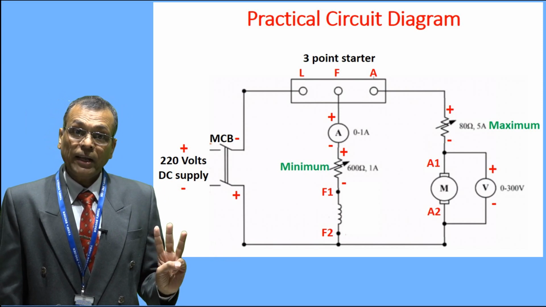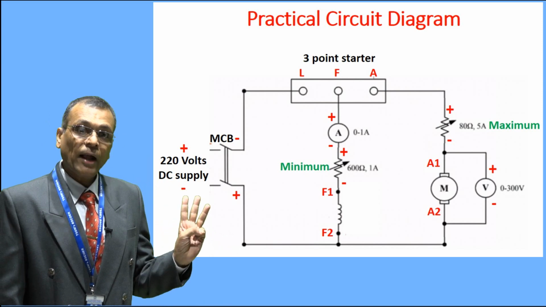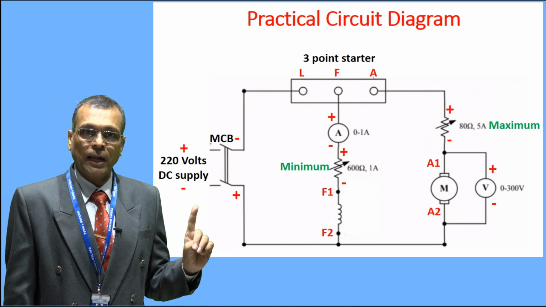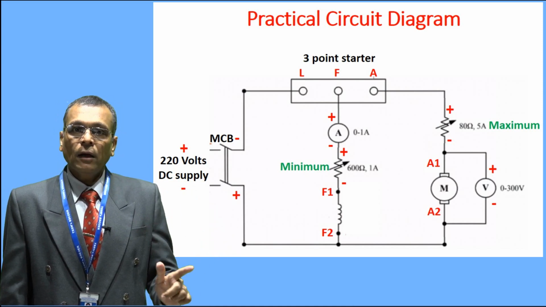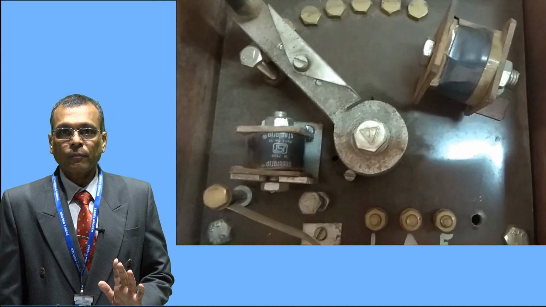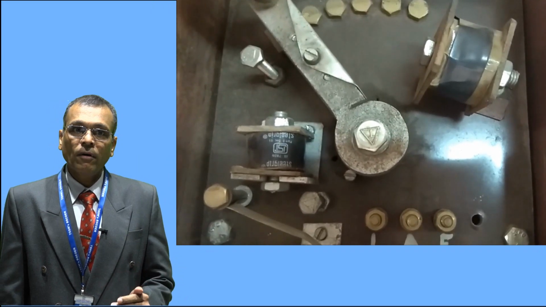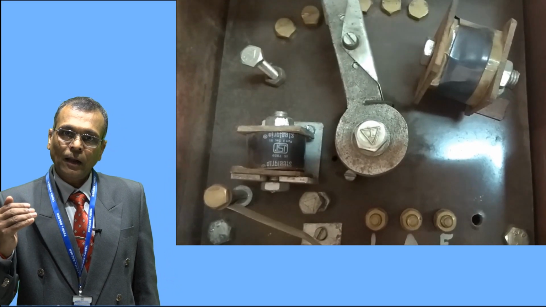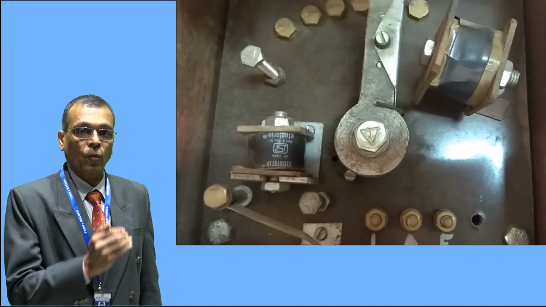Armature winding along with rheostat and voltmeter, field winding along with a rheostat and ammeter, and a 3-point starter, which consists of a variable resistance whose value is maximum at start and gradually it reduces to 0.